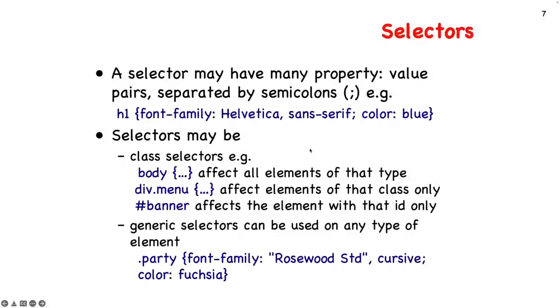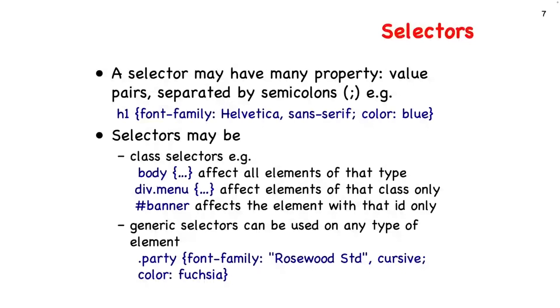And if we've got a hash, this says somewhere we've got something which has ID equals banner, and whatever that thing is will be affected by a rule that has hash banner in it. You might think this looks a bit like the selectors we've been using in our JavaScript. Yes, they are. This is not accidental.